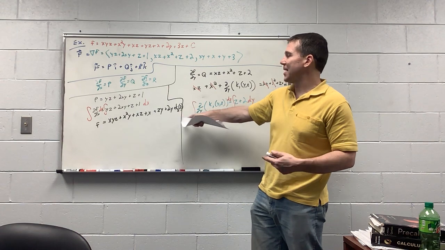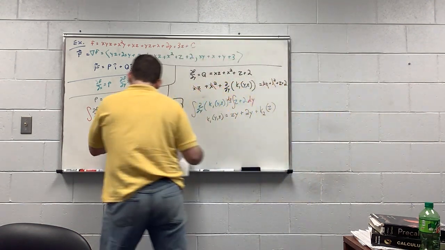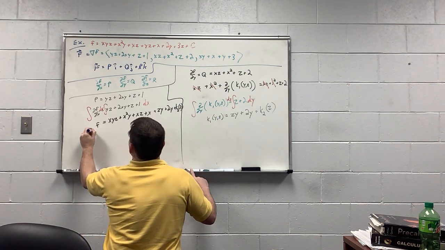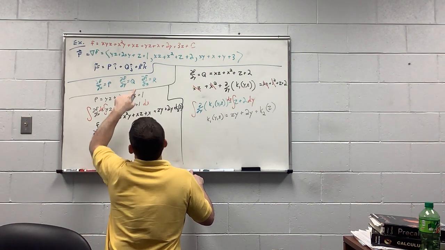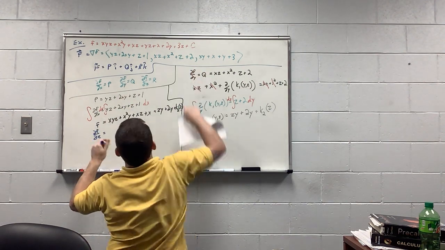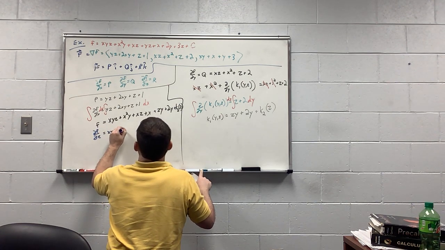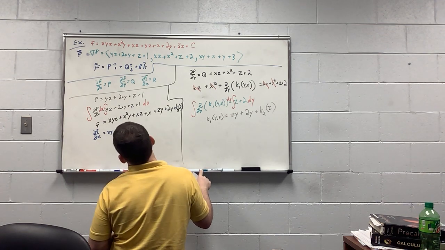I just need to solve this. So what do I do? I use the third function right there. Here I know the partial of f with respect to z is equal to r, which is also equal to xy plus x plus y plus 3.